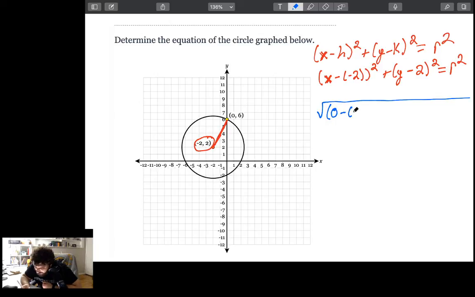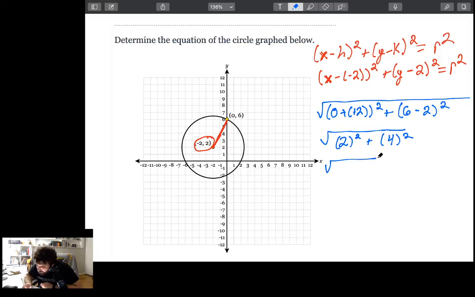So (0 minus negative 2) squared plus, looks kind of similar, doesn't it? I did 0 first, so we'll do (6 minus 2) squared. Plugging in, 0 minus negative 2, as you know, minus a negative we can switch to plus a positive. That gives me 2, in parentheses squared, just good habit, and then 4 squared.